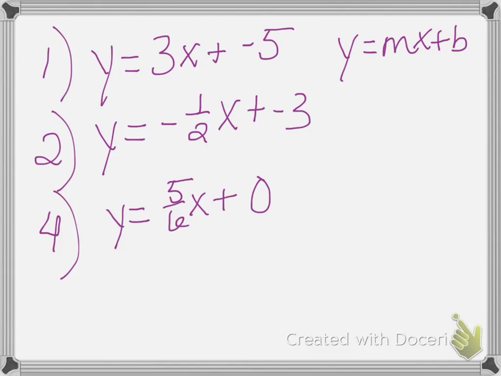However, this time, this is 0 for b. Since adding 0 to anything doesn't change it, we're going to drop that 0, and we're just going to write that as y equals 5/6x. So if you see an equation written in slope-intercept form that looks like this, that means that it has the y-intercept of 0.